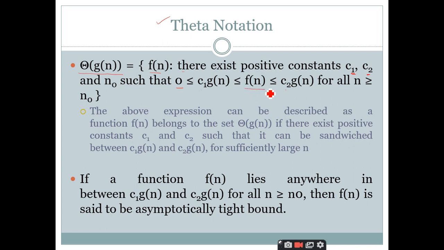That means f of n is bounded in between C1 into g of n and C2 into g of n. If a function f of n lies anywhere between C1 into g of n and C2 into g of n, then f of n is said to be an asymptotically tight bound.